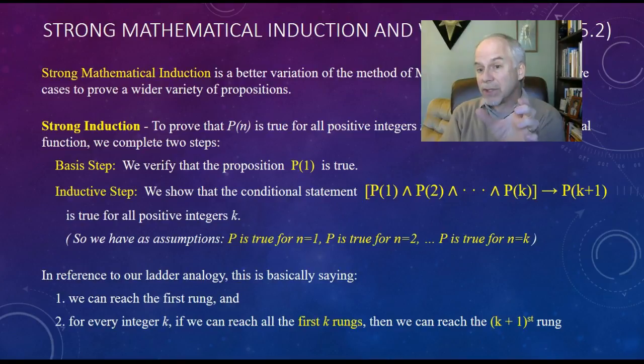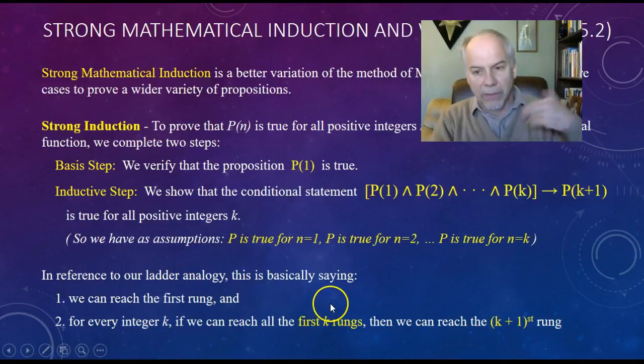Instead of just assuming that it works for k, we can assume it works for k and all the values before k. All right? And then that's our assumption. All we have to show now is that it works for k plus 1 using all those assumptions.